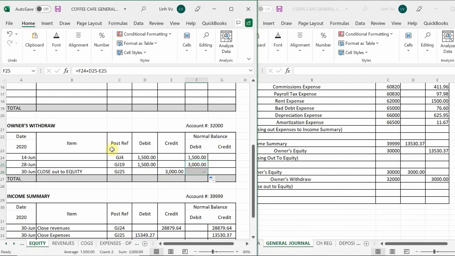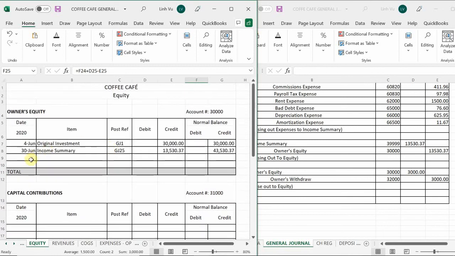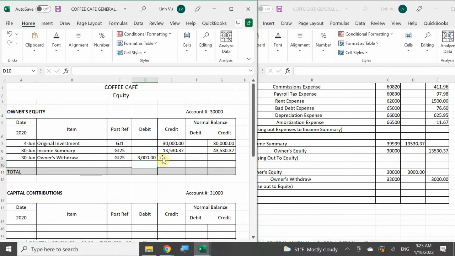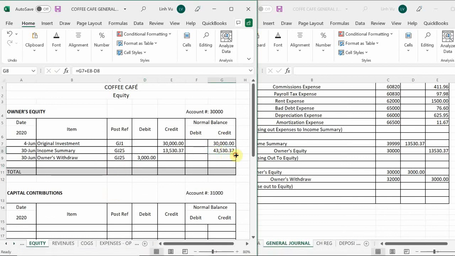Okay, so 0 for my owner's withdrawal. And last but not least, I'm going to go ahead and close out to my owner's equity account. I'm going to debit my account for $3,000.